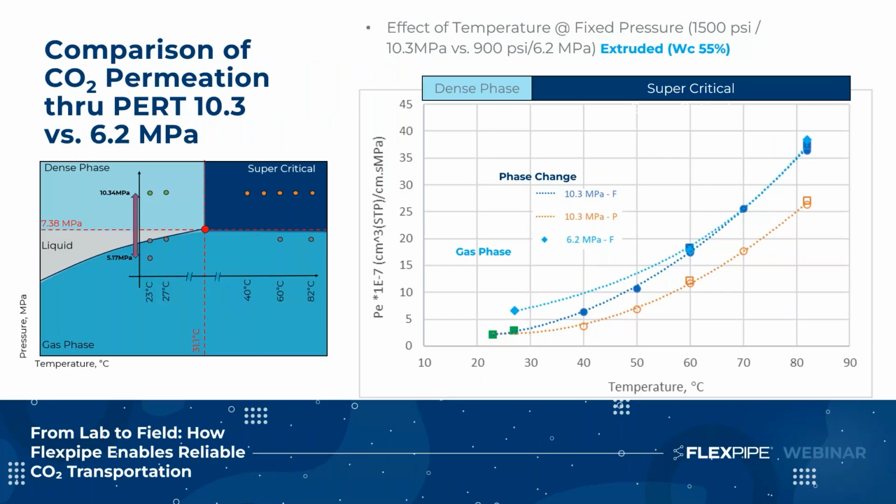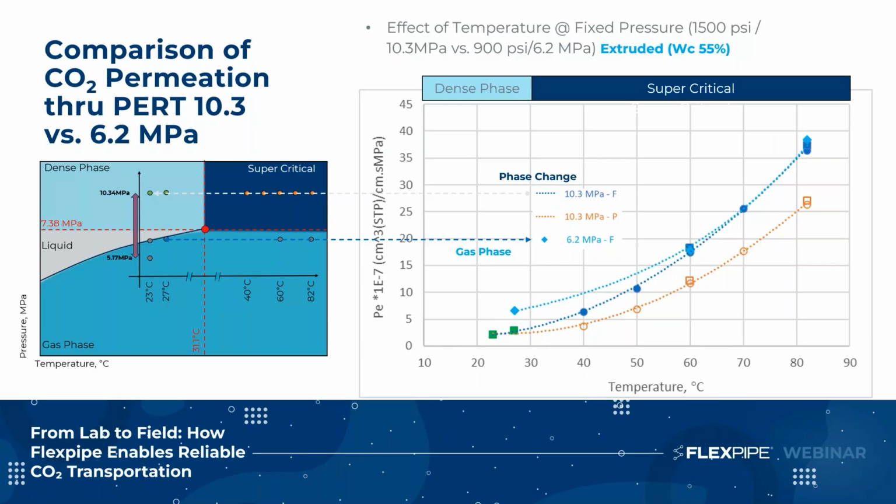Here we are comparing the CO₂ permeation at two pressure ranges of 10.3 MPa and 6.2 MPa. The plot shows the permeation coefficient versus temperature, and the light blue color shows the gas phase, which is at lower pressure, and the dark blue shows the supercritical phase, which is related to 10.3 MPa pressure.